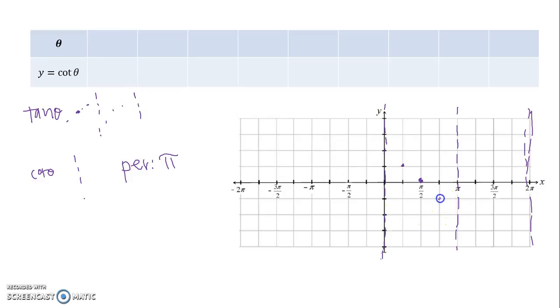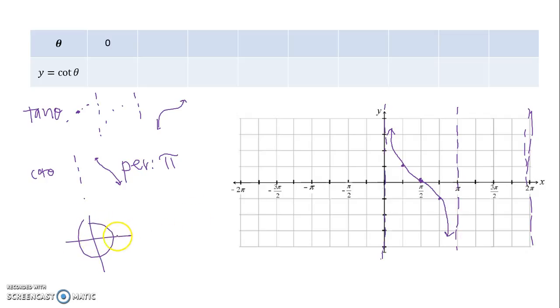So I'm still down at that negative 1. So tangent went up kind of like that. Cotangent is going to come down like that.